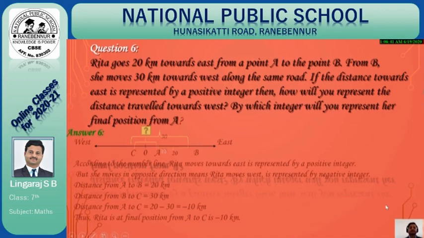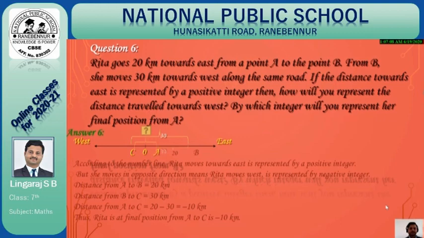So by observing this number line, we can say that Rita goes from point A to B, 20 km, which is given here, and then she moves from point B to C towards west, which is 30 km. So this will be represented on this number line.